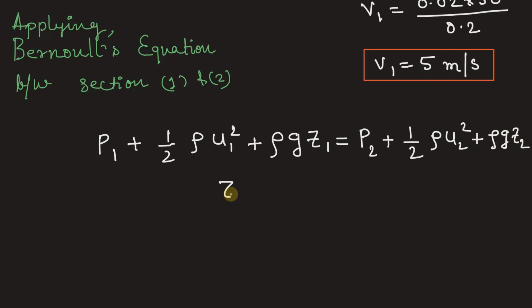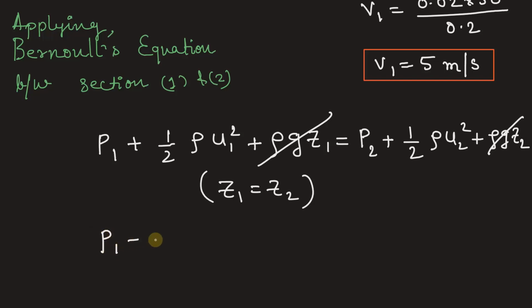Now here Z1 is equal to Z2 because it's not given in the question, so we will assume like this. So these two terms will get cancelled out. The remaining term is P1, and P2 is equal to P atmosphere, that's given in the question.